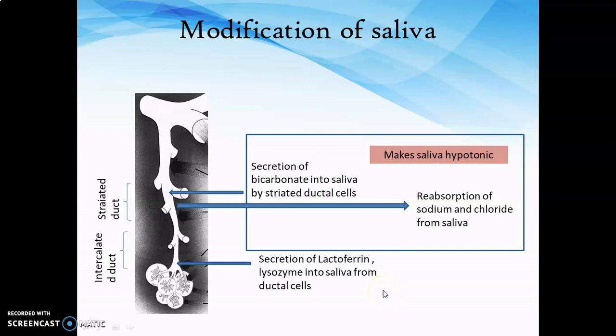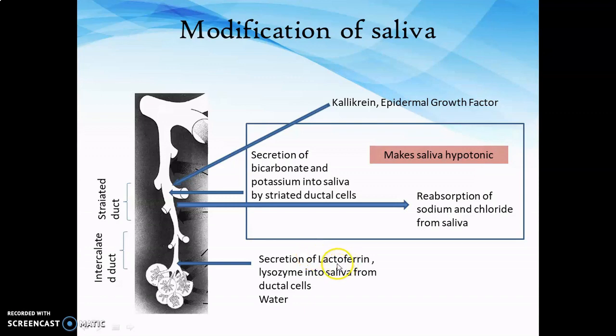These are antimicrobial substances in saliva. The water content of saliva enters almost completely at this level of intercalated duct. So the intercalated duct cells contribute lactoferrin, lysozyme into saliva, and also almost all of its water content.